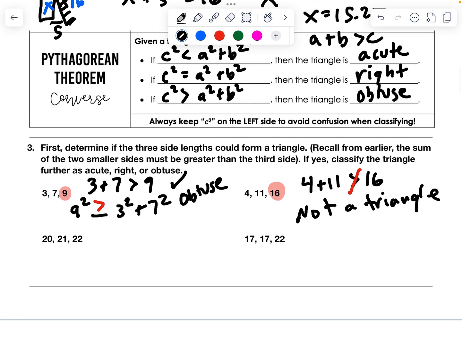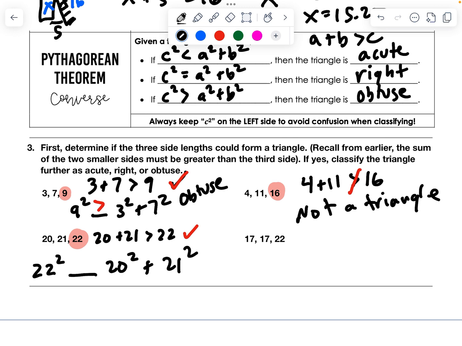All right, let's do the next example. Is 20 plus 21 greater than 22? Yes, this works. Now 22 is our longest side, so that's going to become our C. So we're going to check what 22 squared is compared with 21 squared plus 20 squared.